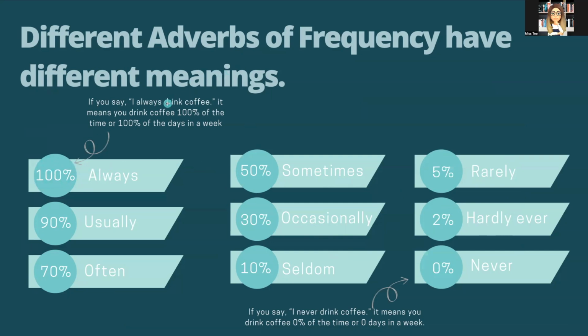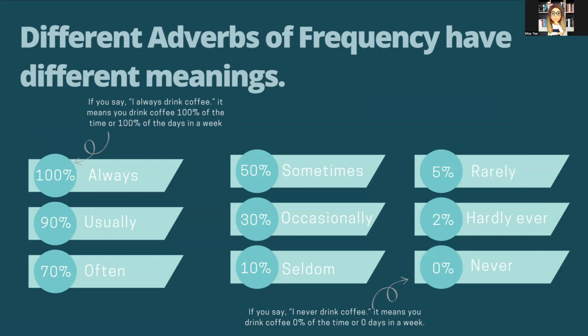So for example, if you say, I always drink coffee, it means you drink coffee 100% of the time. Does that mean that you're drinking it 24 hours, 7 days a week? Not exactly, but you're saying that out of 7 days in a week, every day, all 7 days, you drink coffee at least once. So I always drink coffee.